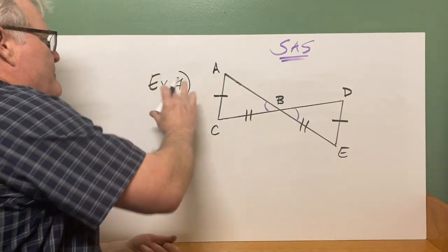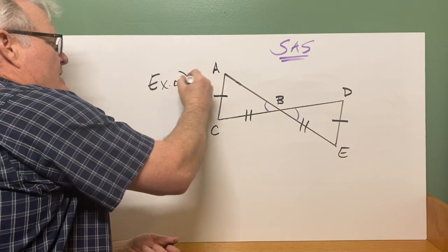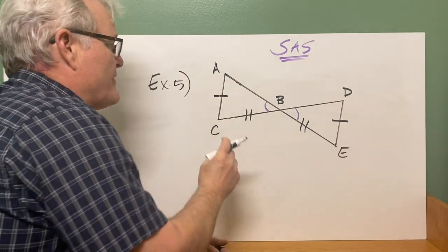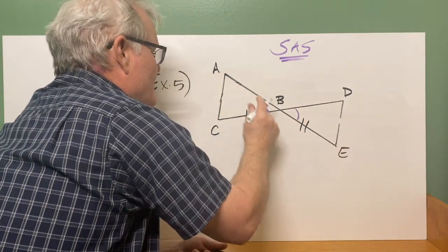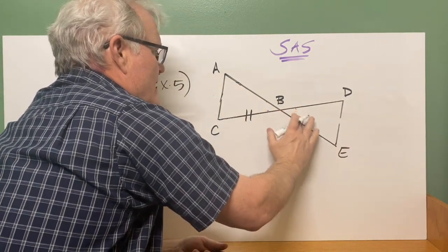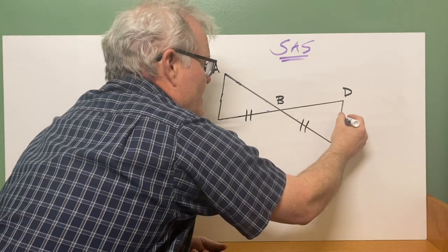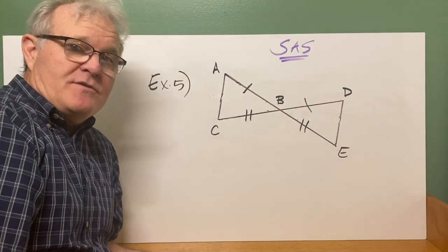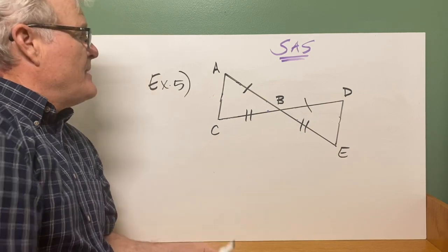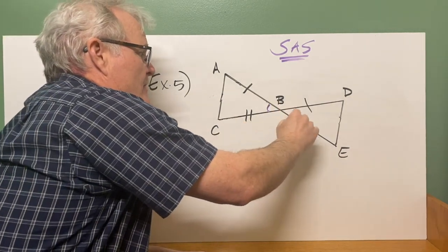Let me do an example number 5, and all I'm going to do on this one, guys, is just change one thing. If the very beginning of this problem looked like this instead, so the vertical angles would not be marked here, but instead it were like this, and the question were, do you have triangles congruent? The answer would be yes. Because, again, you have your vertical angles here in the middle.